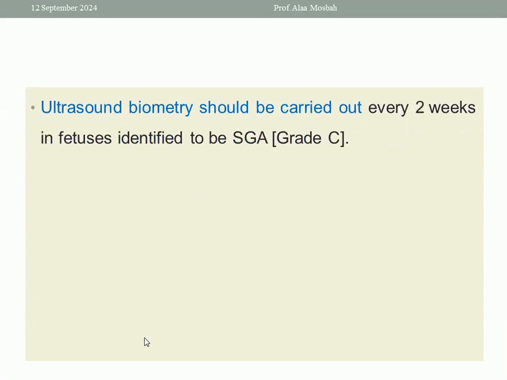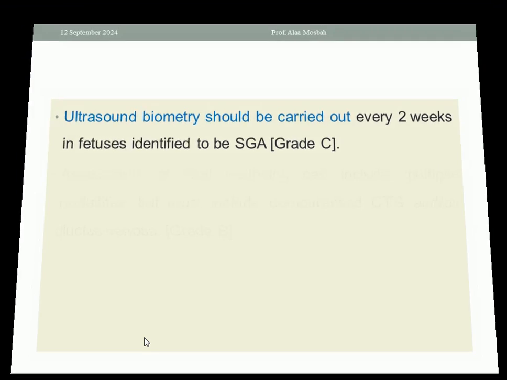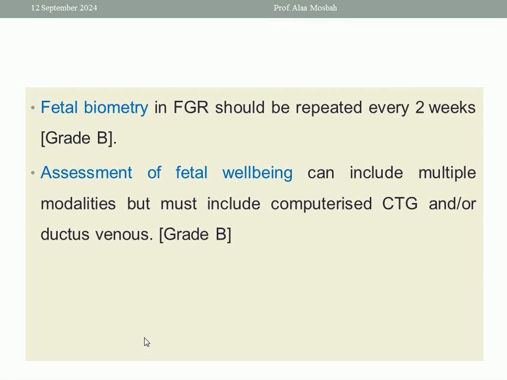Ultrasound biometry should be carried out every 2 weeks in fetuses identified to be small for gestational age. Fetal biometry in fetal growth restriction should be repeated every 2 weeks. Assessment of fetal well-being can include multiple modalities, but must include computerized CTG and/or ductus venosus.